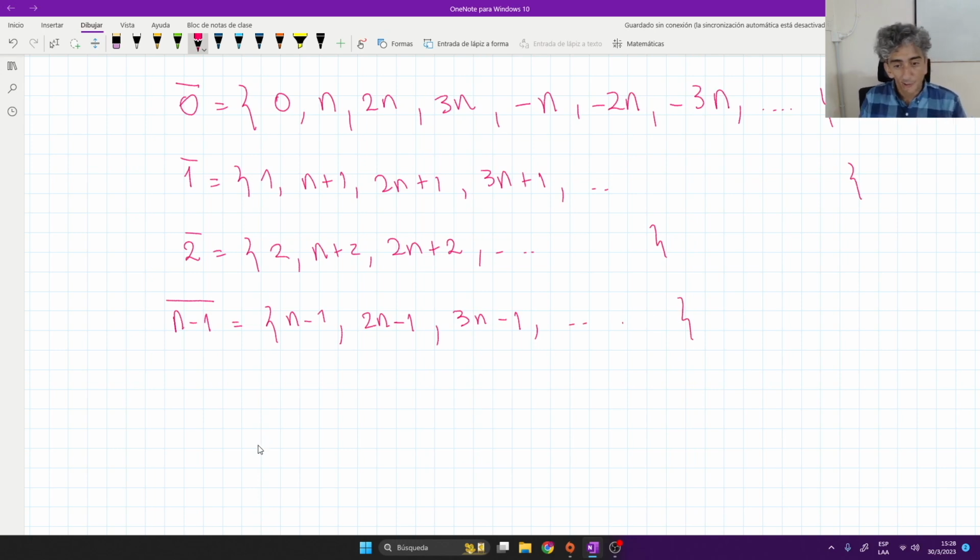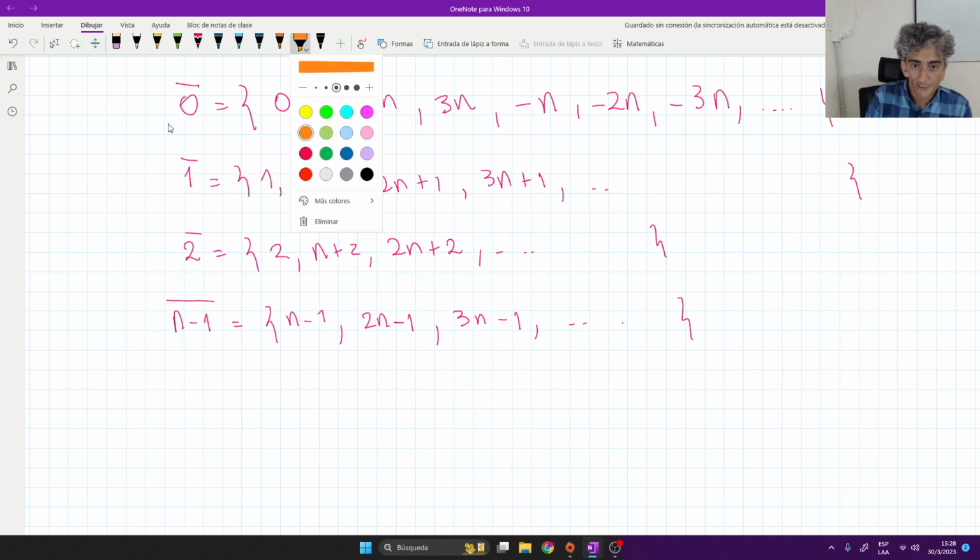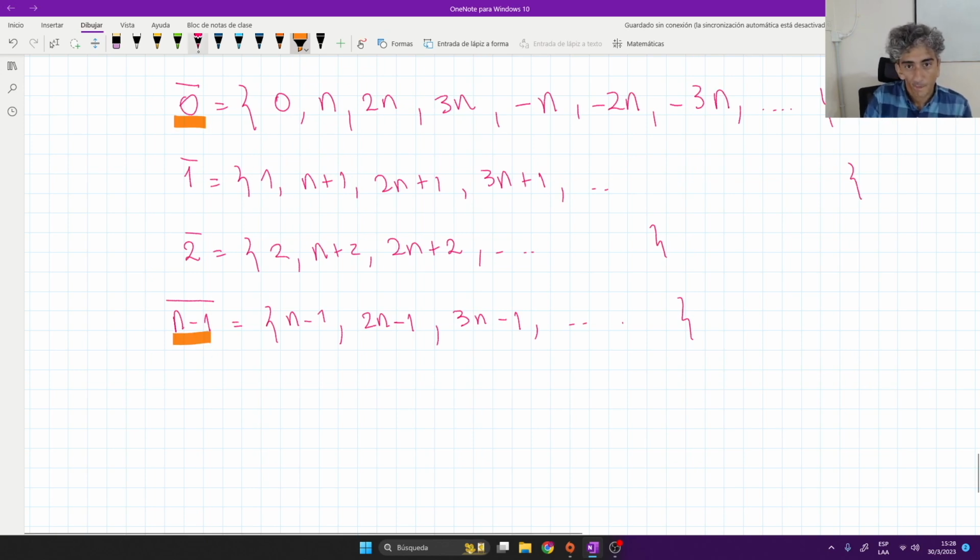So the collection of all classes is actually the collection of the equivalence classes from here to here. In other words, the collection of classes is the class of 0, class of 1, class of 2, all the way to class of n minus 1.